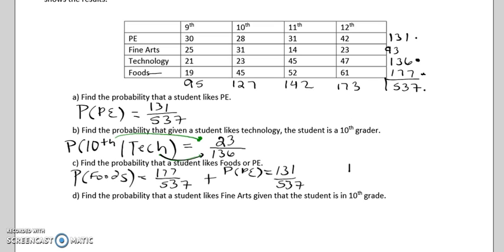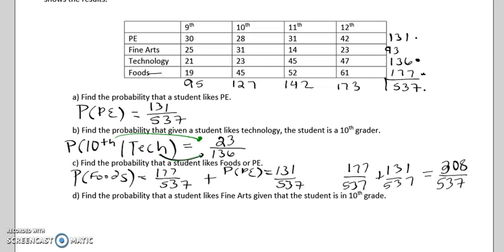And we add them up. We get 308 over 537. 308 over 537 is the probability you like foods or you like PE.